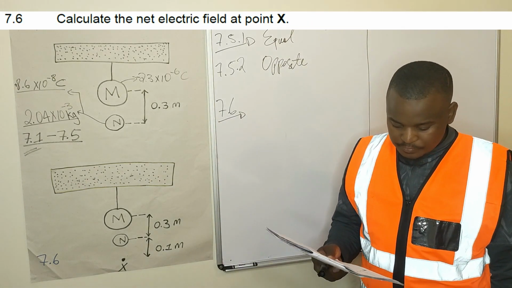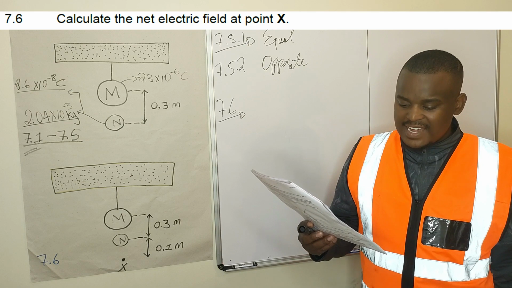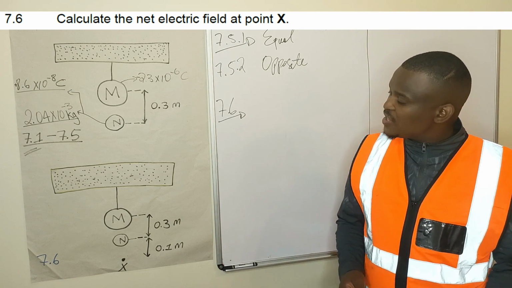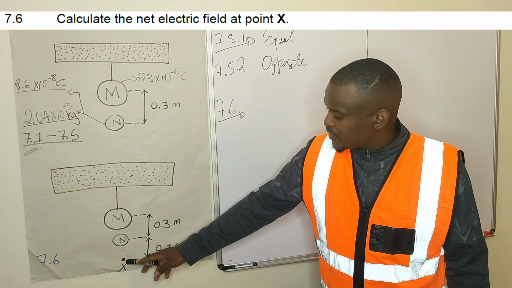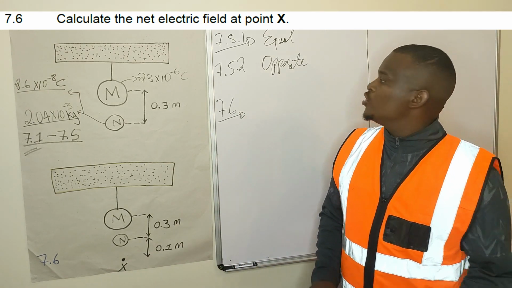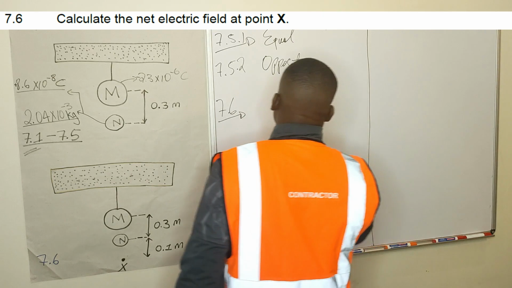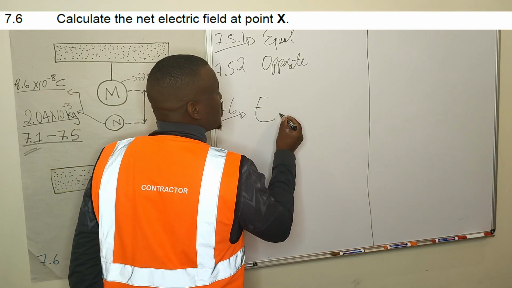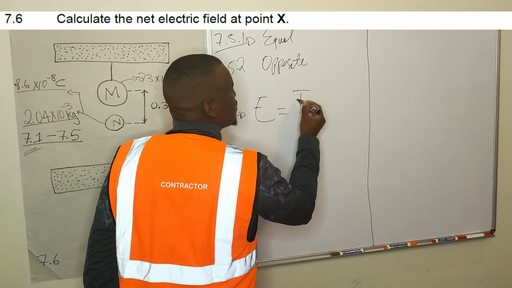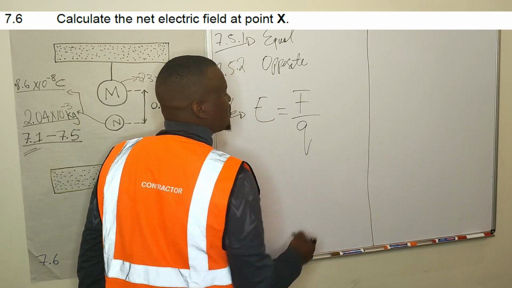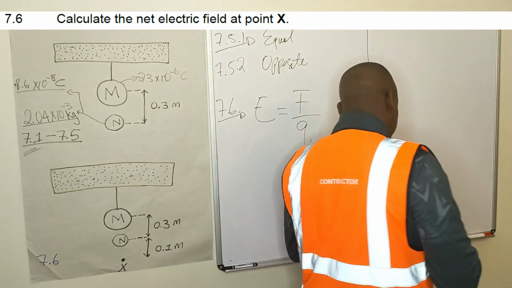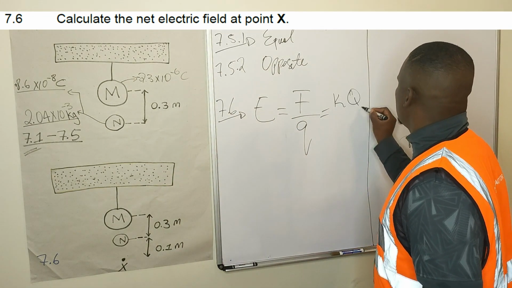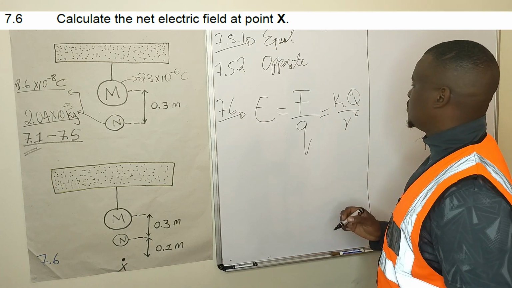Calculate the net electric field at X. So you know, the electric field is equal to the electrostatic force experienced per unit charge, which is KQ over R squared.